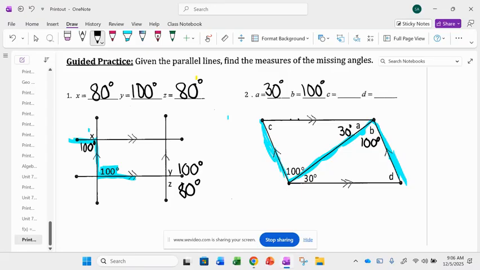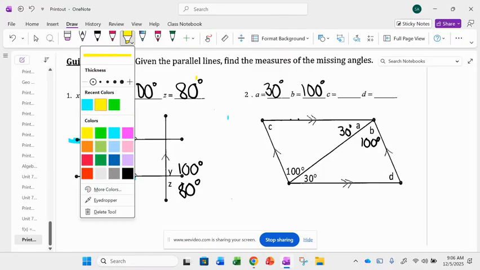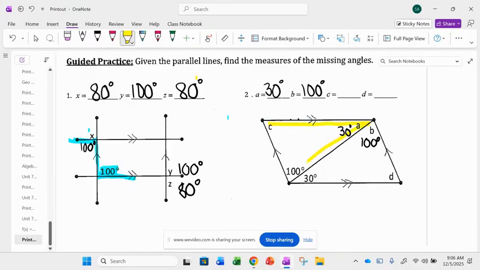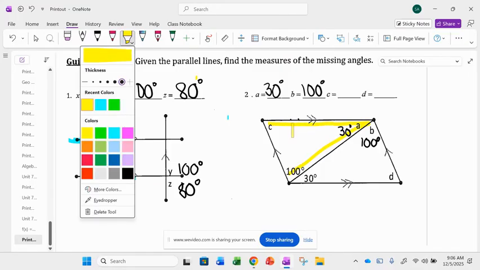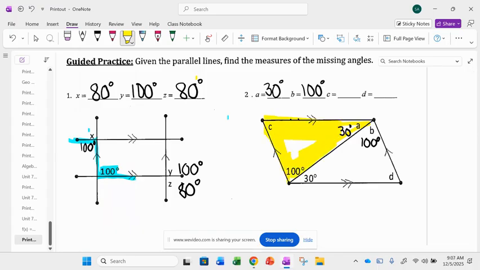And actually for D and C, we can't use parallel lines because there's no transversal cutting to either of them to work with either of them. Stella? Yeah, tell me what to do. Excellent.